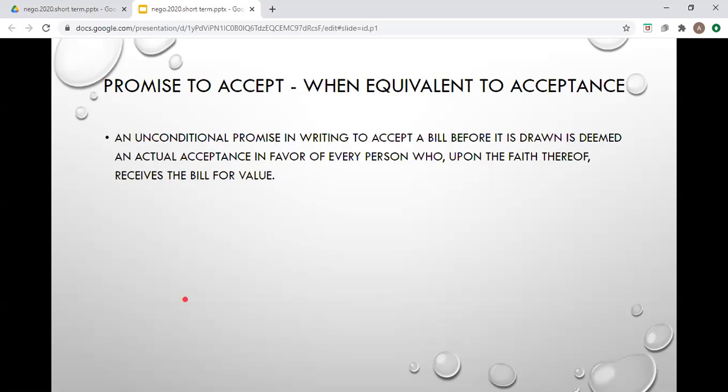So, maganda na mag-accept before the actual existence of the instrument. Why? Because the liability of the drawee acceptor will be limited. Limited lang sa mga nakakita at nagtiwala or naniwala na yung instrumento na iyon ay mababayaran.